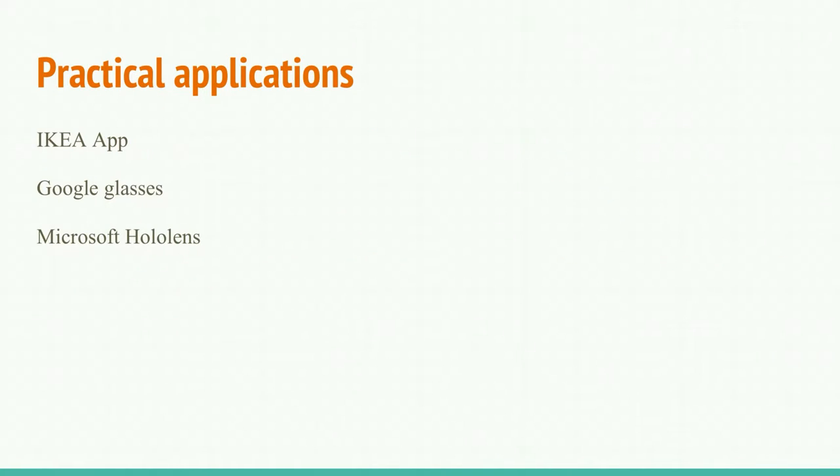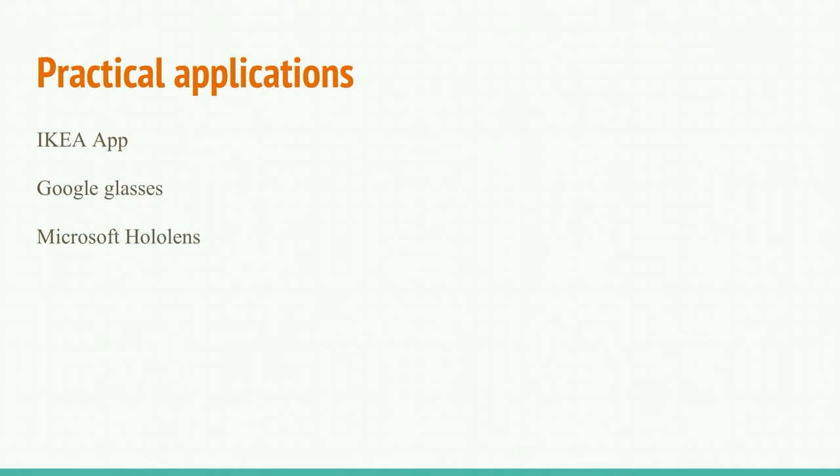Moving on, talking about some of the applications which are already in the market and are based on augmented reality. We have a very famous app launched by IKEA, which augments the furniture that you want to buy into the room inside your house, wherever you want to keep that furniture. Then you can check it and find out whether you want to buy it or not.